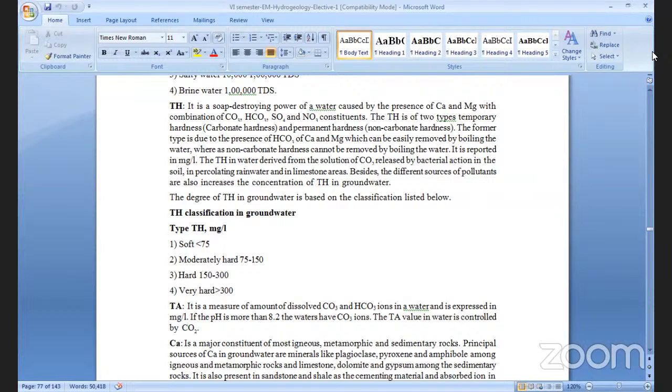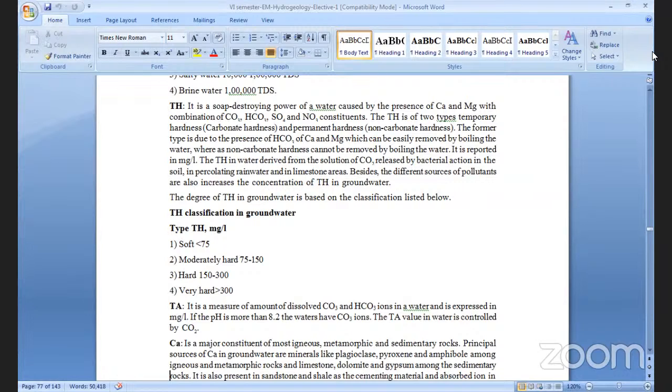Hard water is 150 to 300 milligrams per liter. Very hard water is above 300 milligrams per liter. The total hardness of dissolved substances mostly consists of carbonates and bicarbonates in water, and we can express it in milligrams per liter.